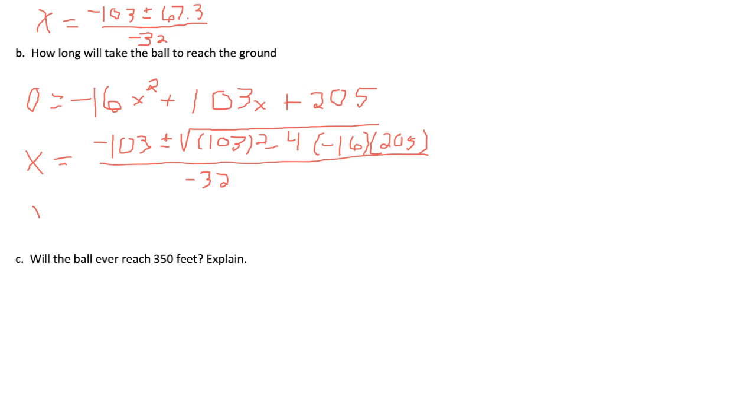Which comes out to x equals negative 103 plus or minus, when you do all that work, you get 154.042202, so 154, all over negative 32.